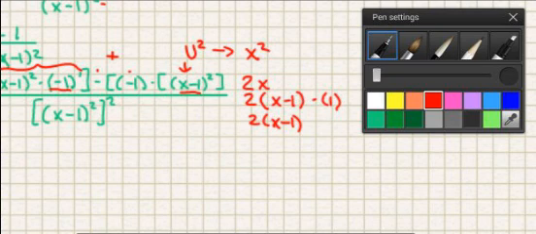So basically what I did was I said I want to take the derivative of u squared and then multiply it by the derivative of u. So that's what I did down here. That's my derivative of u squared, and then I'm going to multiply it by the derivative of u, which is my x minus 1, and this is what I get.